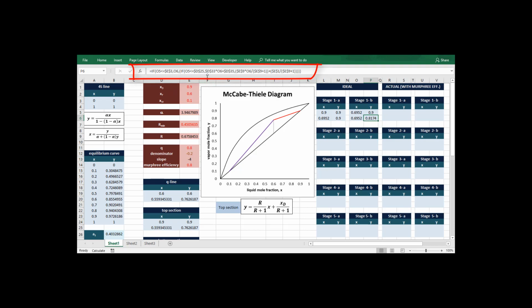If the initial x is less than or equal to the second value of the top section, y is equal to bottom section slope times x plus bottom section y-intercept. Otherwise, y is equal to the formula of the top section, which is r all over r plus 1 times x plus xd all over r plus 1.